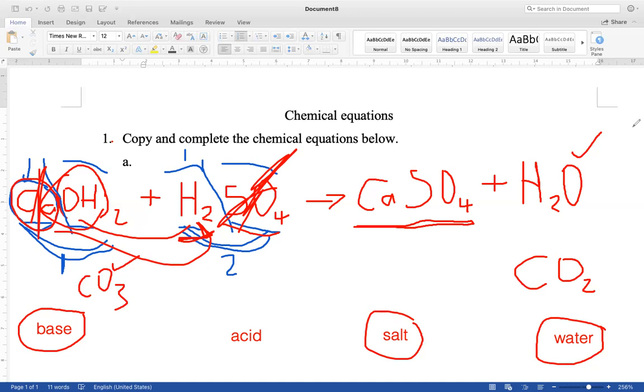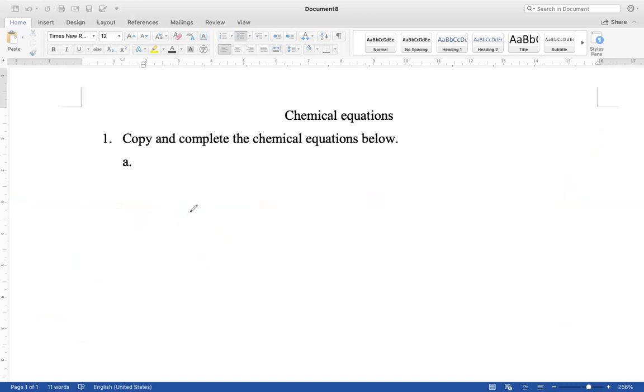Maybe let me write it up as a second example. So the second example, we're going to have calcium, which is a metal carbonate, calcium carbonate. This is calcium carbonate, which is a base, of course, plus an acid, which is, let's have hydrochloric acid.